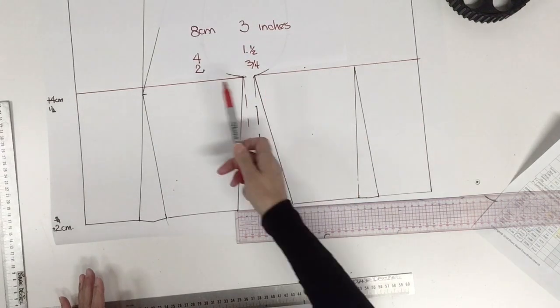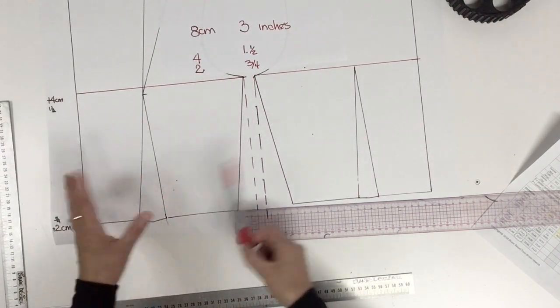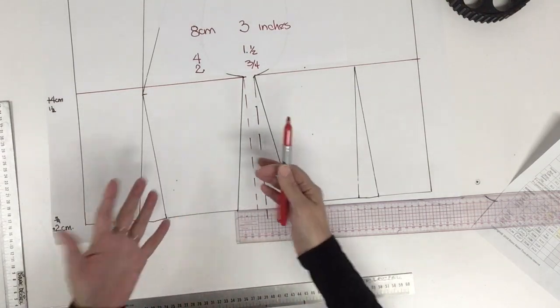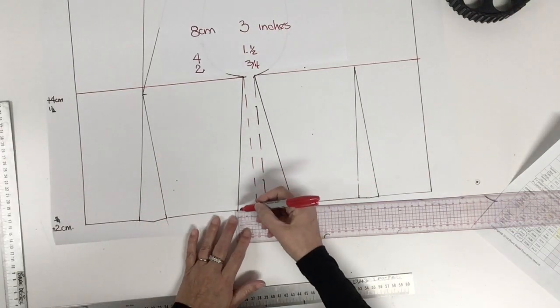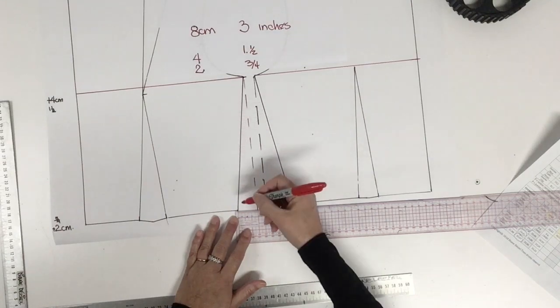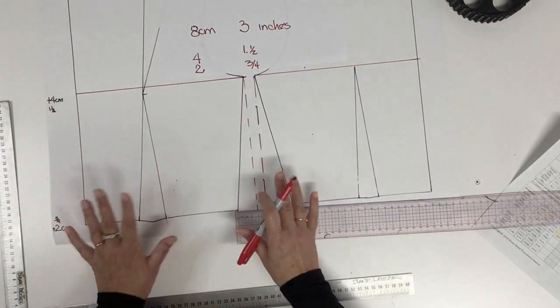Now this correction, 2 centimeters or 3/4 of an inch for each piece, is a pretty important correction. It's not a small correction. A small correction would be 5 millimeters or 1/4 inch that I would be able to add on the side seam, and that's it. The waist would be fixed.